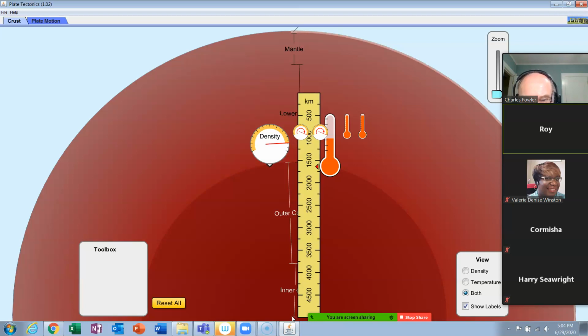Okay. Lower part of the outer core. That would be right about there. So we're calling this 200, 10, 20, 30, 40, 50, 60.